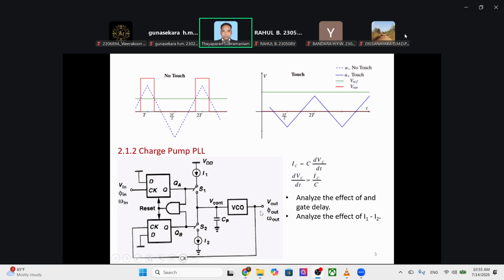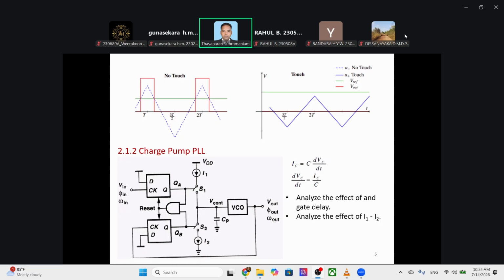In other words, the clock jitter is much less in this case. The VCO output is the local clock. The reference clock is here. It can come from another system or whatever, so that the incoming clock is phase matched with the local clock. This is the PLL, phase lock loop.